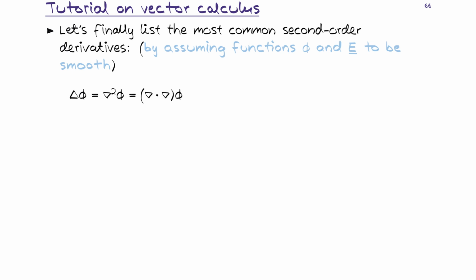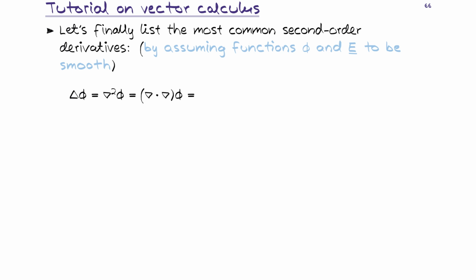Then I'm calculating the divergence of my output. So this is essentially what the notation means here. First I'm calculating the gradient, and then I'm calculating the divergence of the gradient.